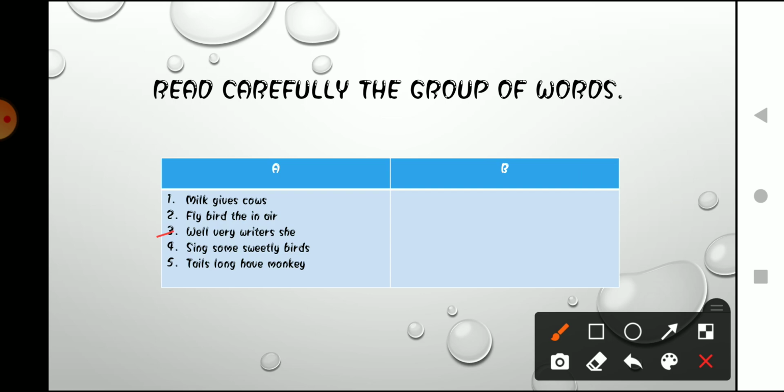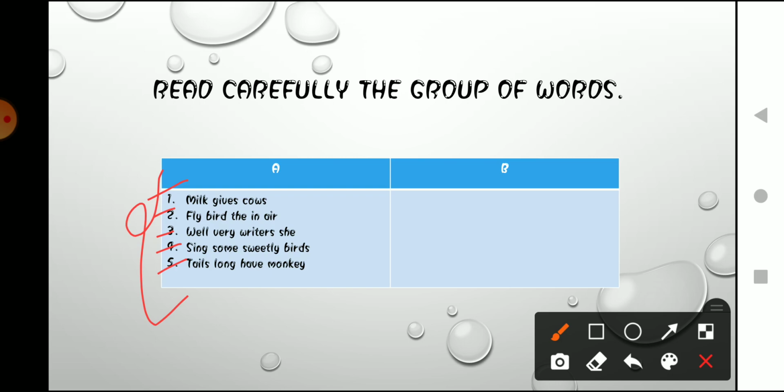Sing some sweetly birds. Tails long have monkey. So as we all read, these five lists of words are basically groups of words. But what do you think? Are these sentences?